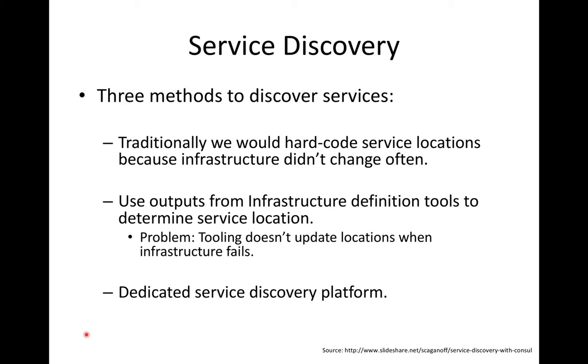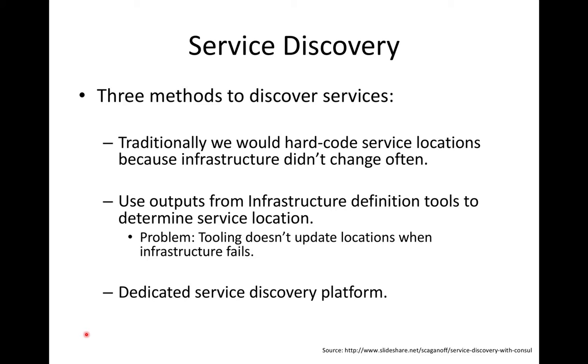Another method we can use for service discovery is to use the output from some sort of infrastructure definition tool and use that output to determine service location. For example, you could use a tool like Ansible to deploy a web server and a database server and a caching server and so on into your environment.